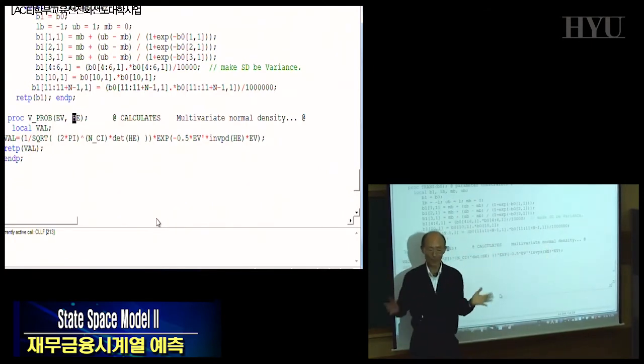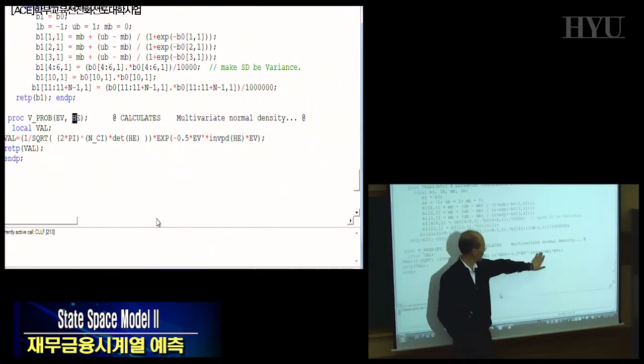But covariance has to be always symmetric, right? And also, because it's a covariance matrix, it has to be positive definite, right? So instead of using the INV function to invert this one, we use the INV positive definiteness, INVPD function.